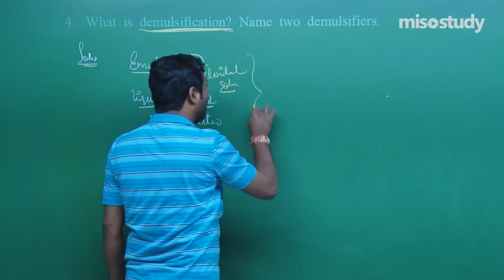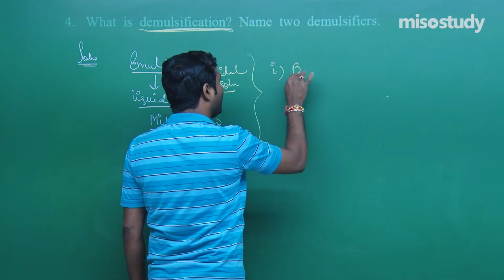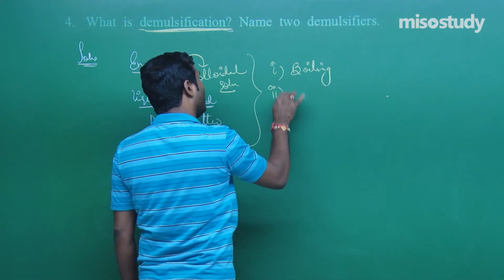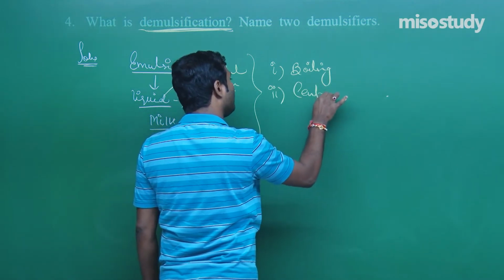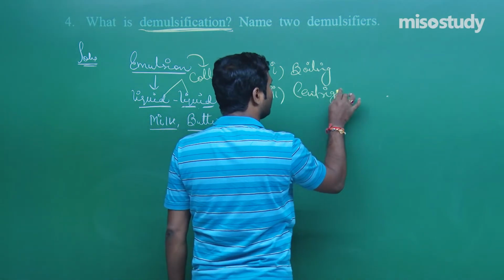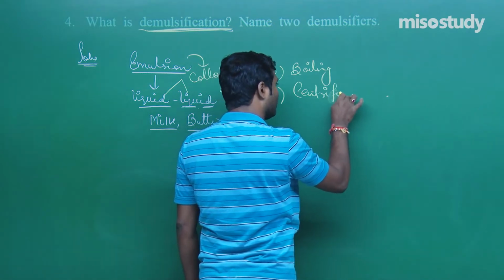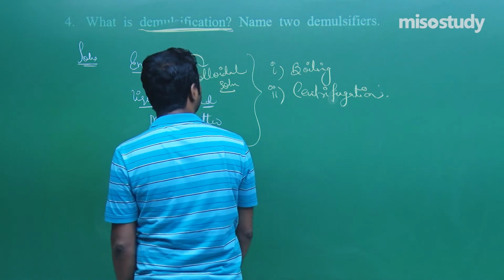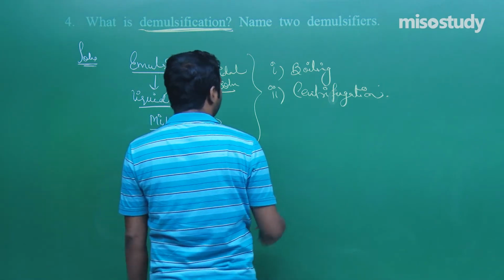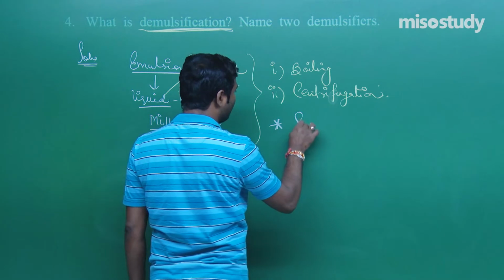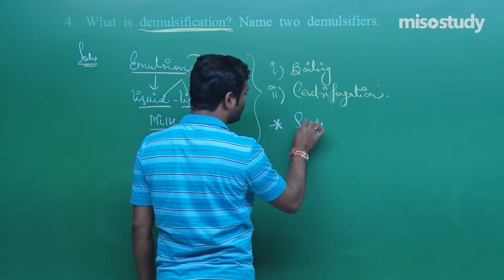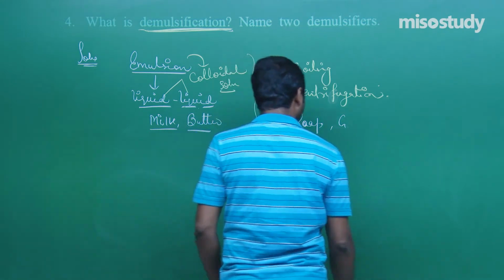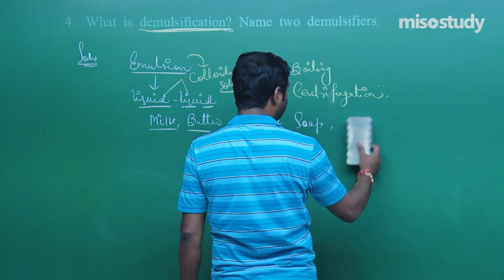Demulsification is done either by boiling, or the second one is centrifugation. And what are a few examples of demulsifying agents? That is soap solution, soap sol. Clear to you? Then sulfonic detergent.